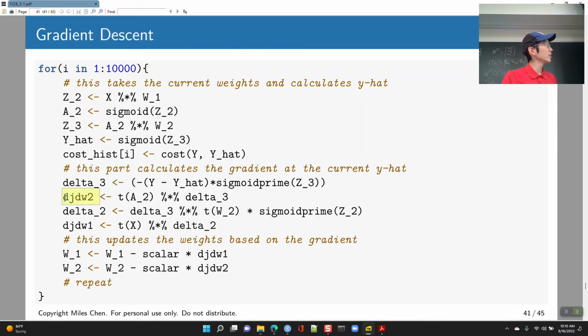I find dJ/dW1 and dJ/dW2 using the formulas that I have. I take the difference y minus y hat, times sigmoid prime, times a2 transpose, and then I take that and multiply by W2 transpose times sigmoid prime of z, and multiply that by the transpose of x. This gives me the gradient of the loss function with respect to W2 and the gradient of the loss function with respect to W1.